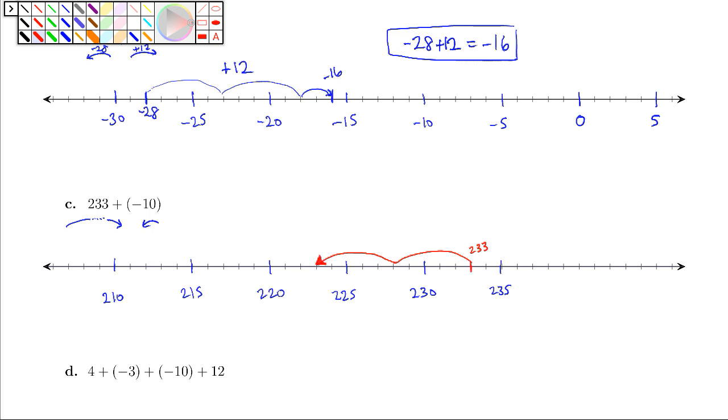So I am adding negative 10. And we end up at 223. So we get 233 plus negative 10 is 223.